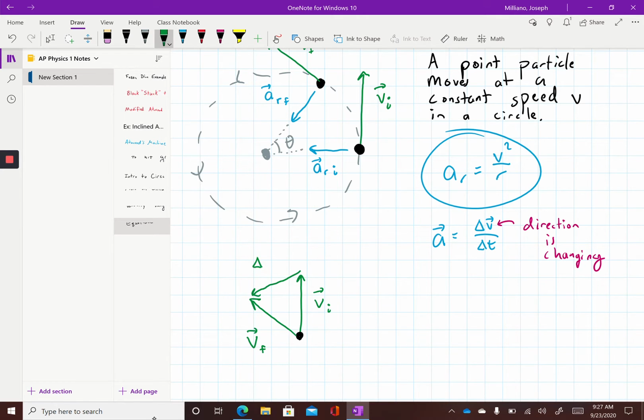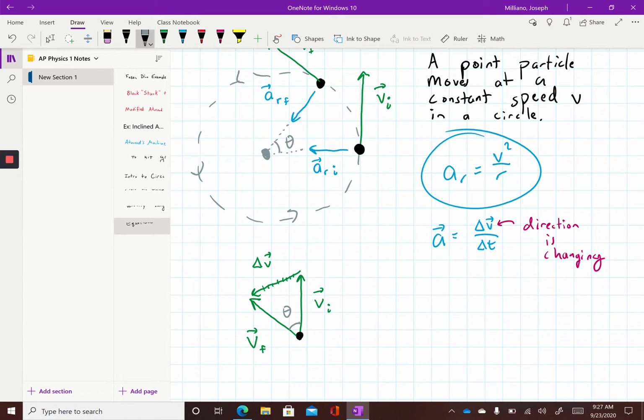That's our change in velocity arrow. Because this is the end of the initial arrow, it's the end of the final arrow. That's what the change in velocity would look like. And because the whole picture has been rotated by an angle theta, the angle between the initial and final must be that angle theta.